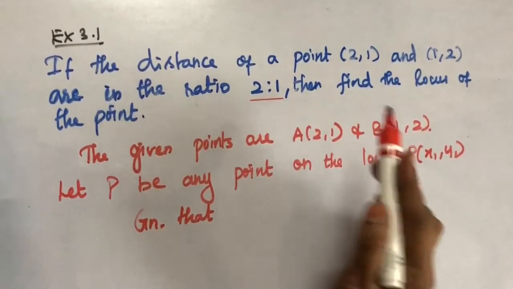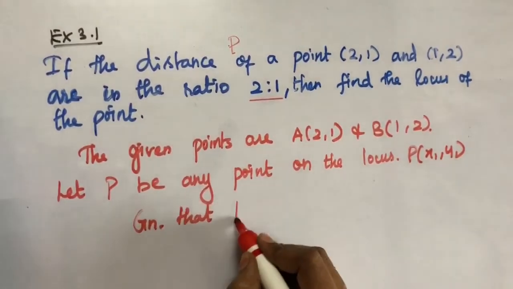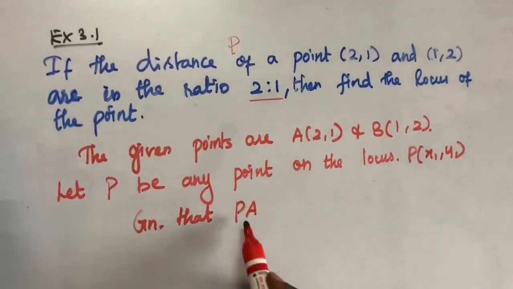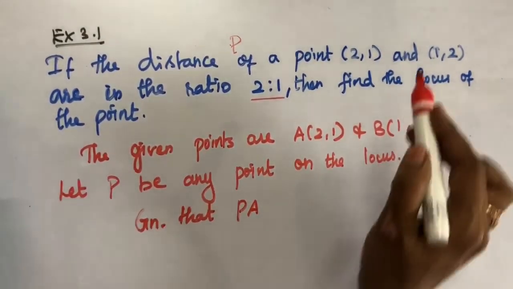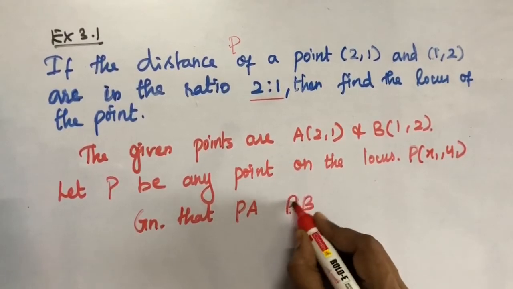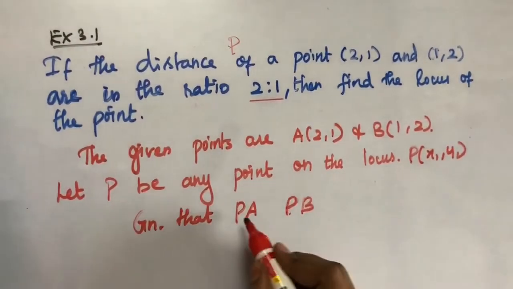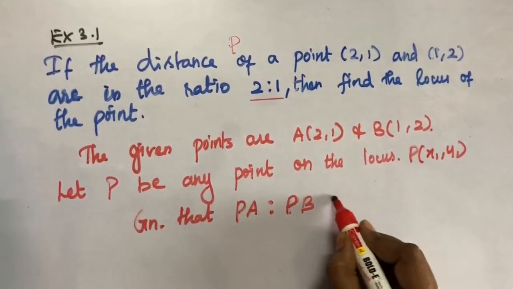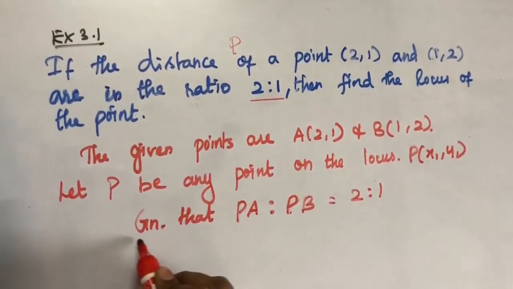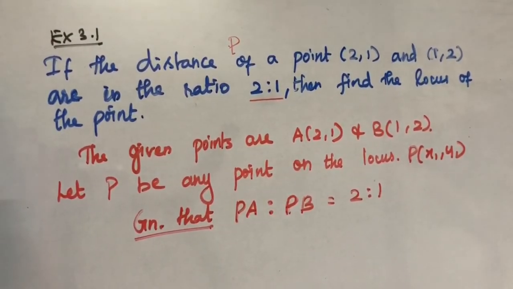It is given that the ratio between the distances is 2:1. The distance of the point P from A is PA, and P and B is PB. PA is to PB is equal to 2:1.